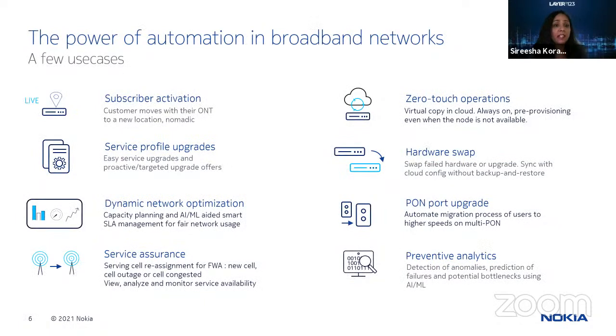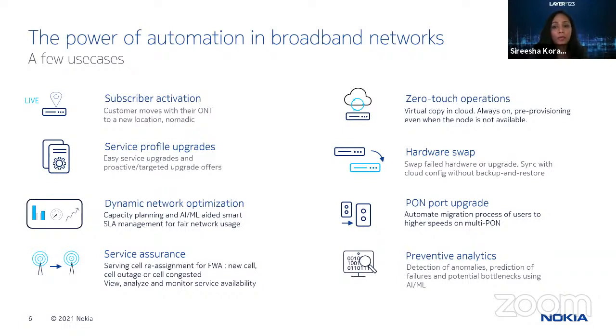Now, let's take a look at how this power of automation is helping us in broadband networks and what are some of the important and interesting use cases that operators are looking at. Automated subscriber activation is one such use case that many operators are looking for.